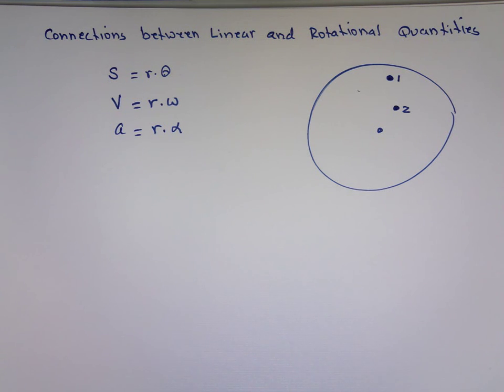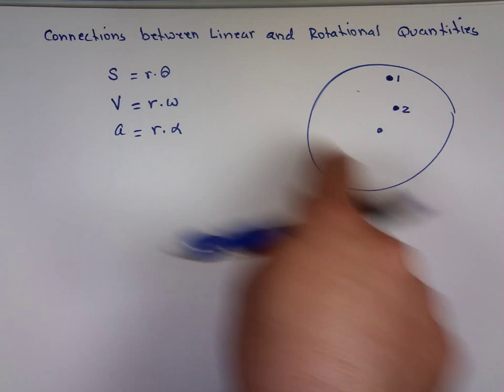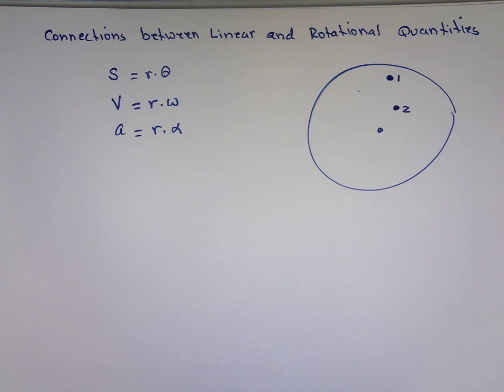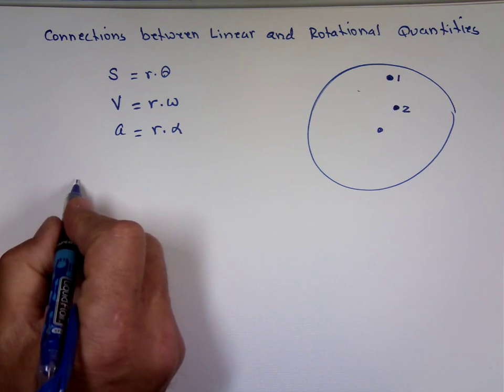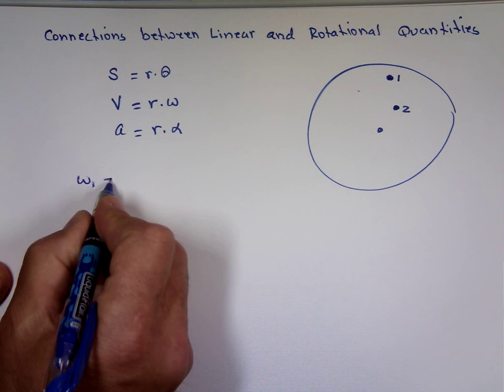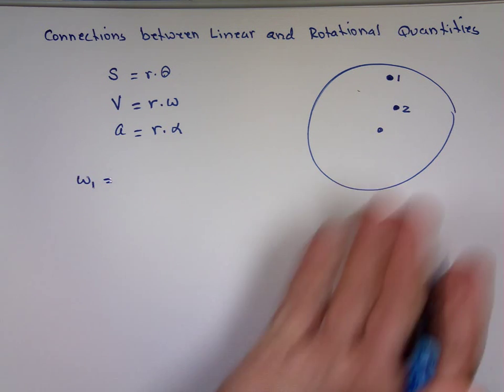And the first one, can you tell me, as this one starts to spin, is the angular speed for one bigger or smaller than number 2 or equal to? The angular speed for the first person, is it bigger than the angular speed for the second one?